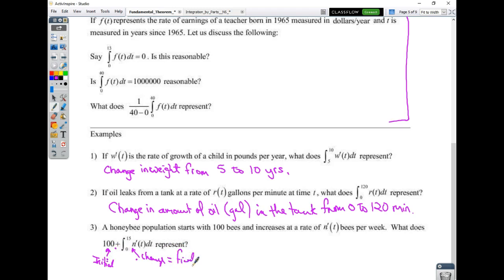So this integral expression actually gives us the final number of bees from 0 to 15 weeks. Done. Nothing too crazy.